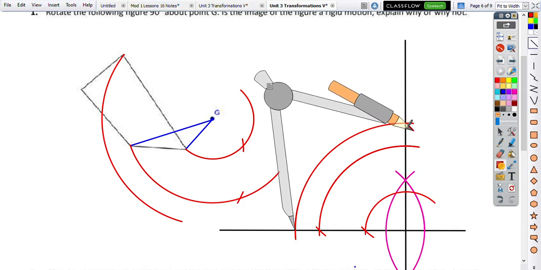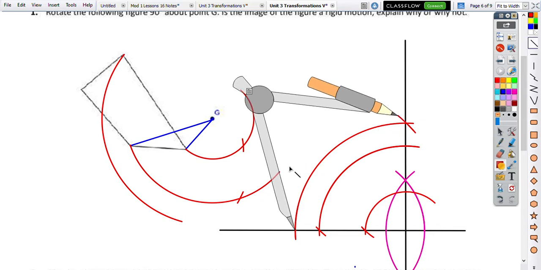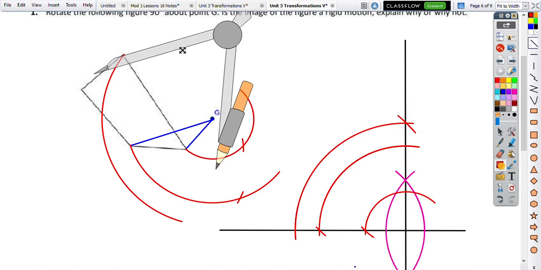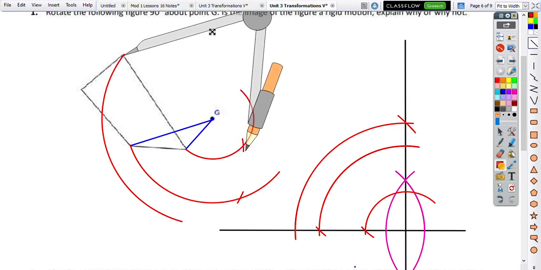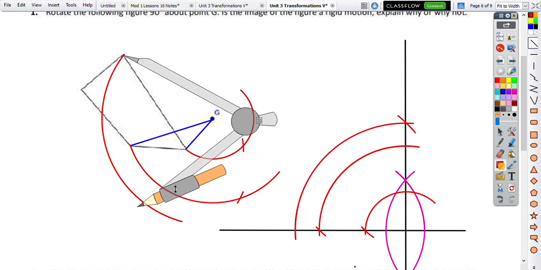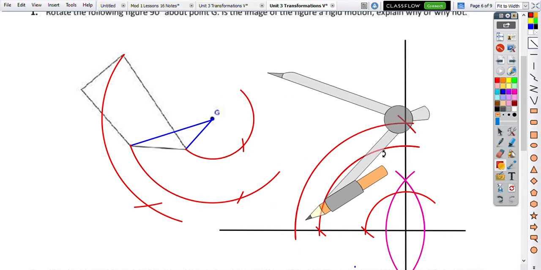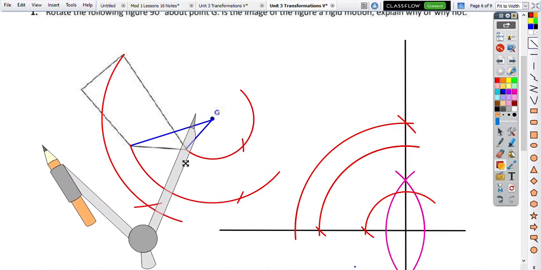Once we have that width, you can draw a little arc just to show that we've measured it. And then we're going to copy that over here. Now, if I didn't make my arc long enough, but I did, then just extend it on your own. And then we have one more point to do, and then we can redraw the figure here.